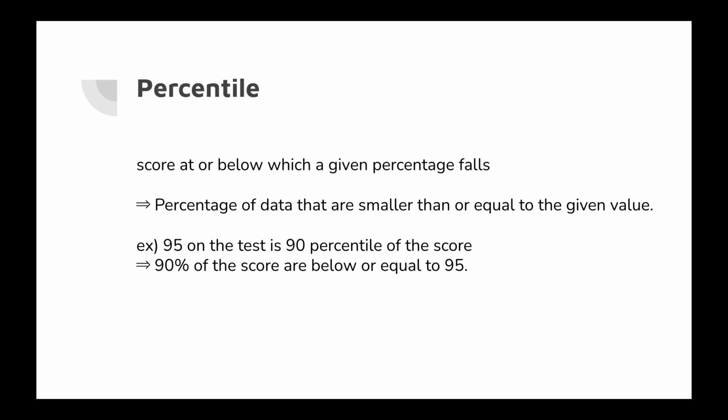That means that, including your score of 95, 9 out of 10 scores are below or equal to 95, which means there's only one student who received higher than 95, and you're in second place out of 10 people.